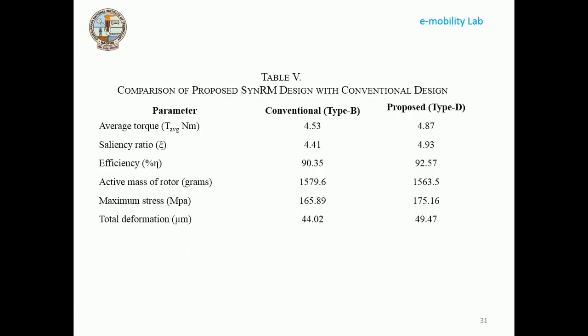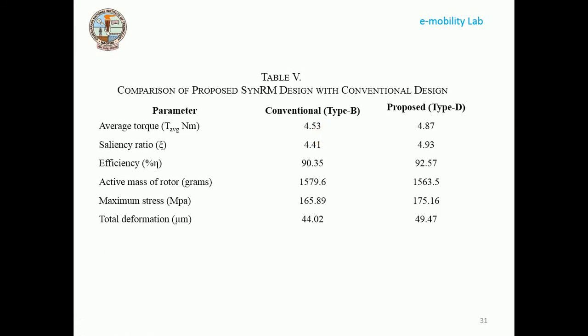Now this is the final table, a summary of results for our proposed design and the conventional design. For the conventional design, we have 4.53 with 1 mm radial rib thickness.